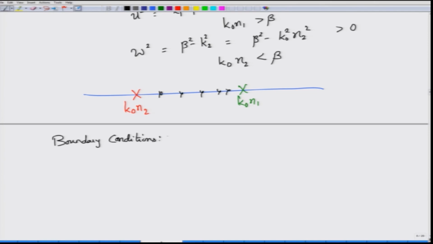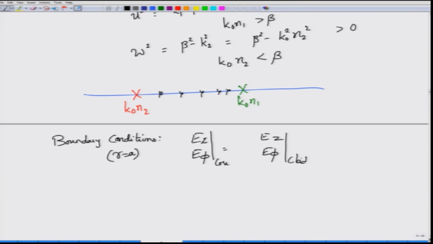The boundary conditions are for the tangential components at the boundary interface r equal to a, that is Ez and E phi. Please remember, Er is not the tangential component at r equal to a. Similarly, you have the tangential components Hz and H phi for the magnetic fields, and all you are saying is that these values in the core must be equal to these values, that is to say the values Ez in the core and E phi in the core must be equal to Ez and E phi in the clad.